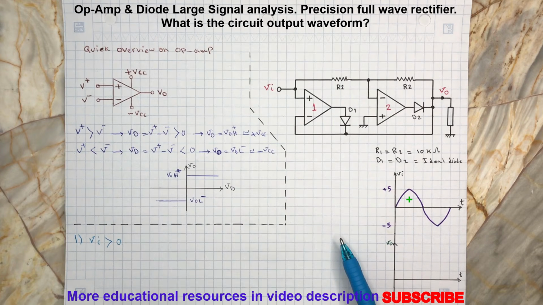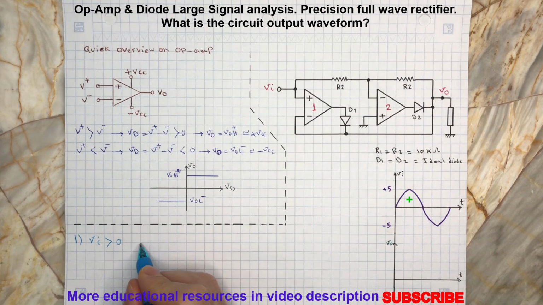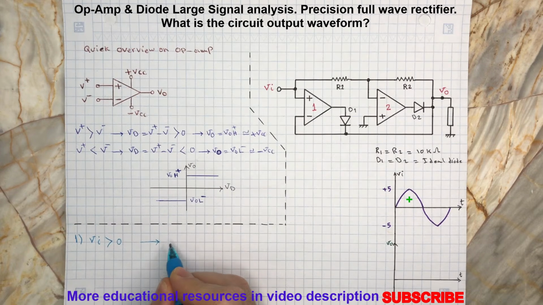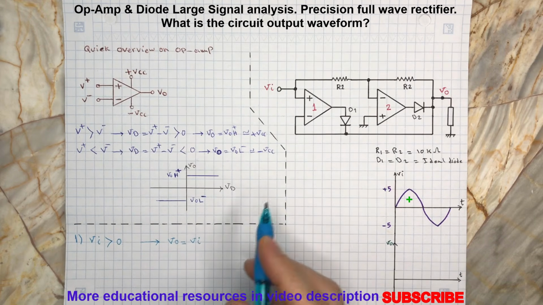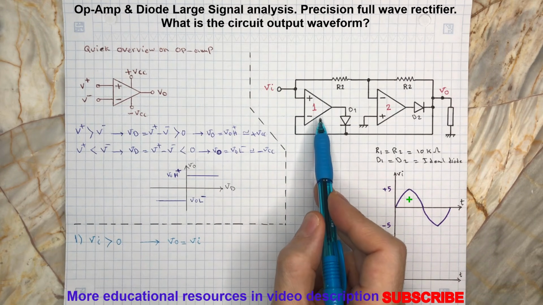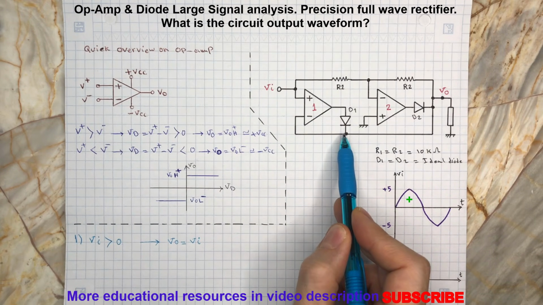So this results in the output of op-amp number 2 swinging negative low, turning the diode number 2 off, and this stops the op-amp number 2 from affecting the output VO. Just op-amp number 1 is operating here.